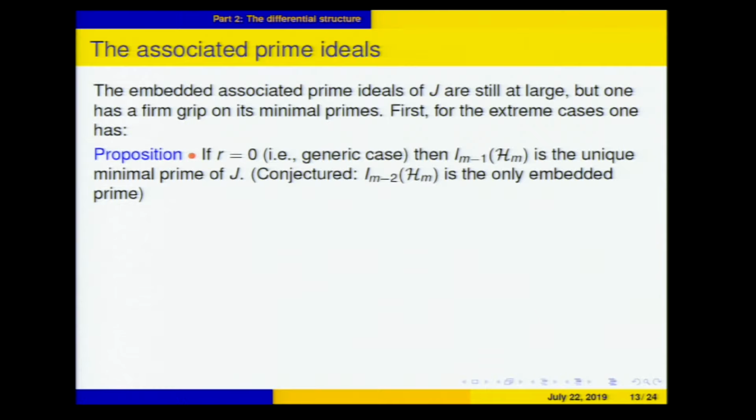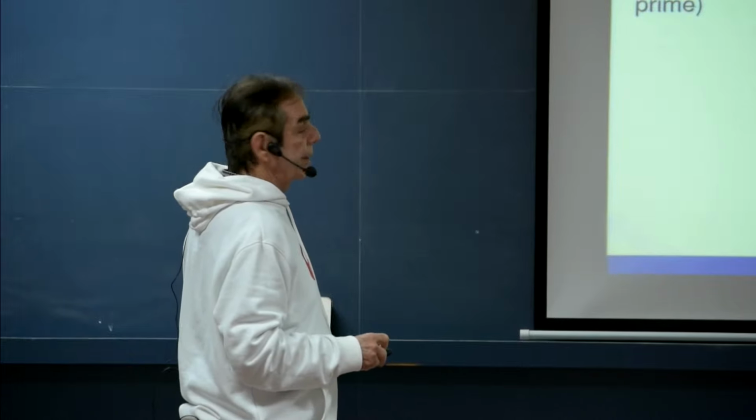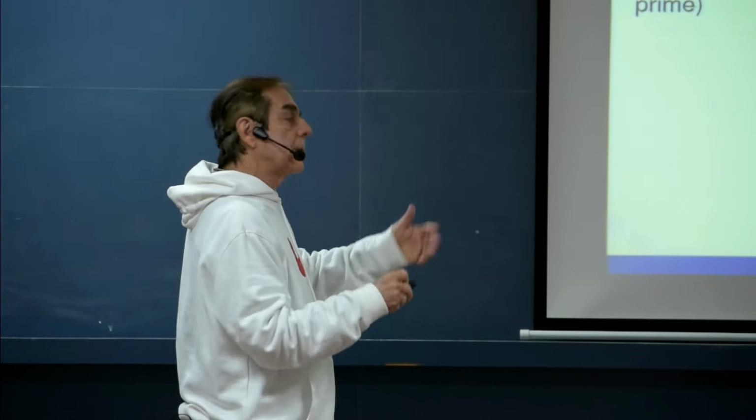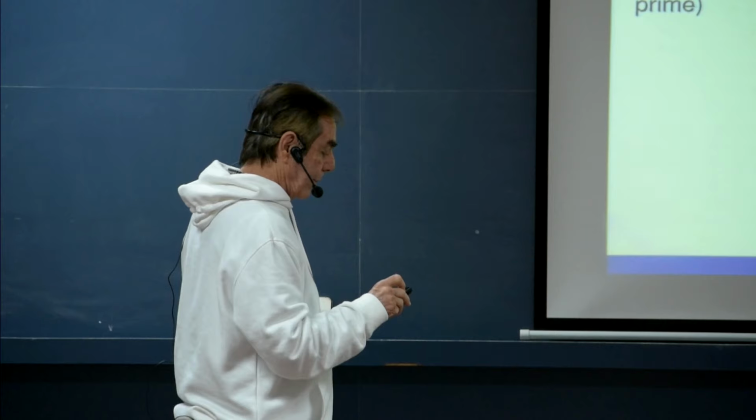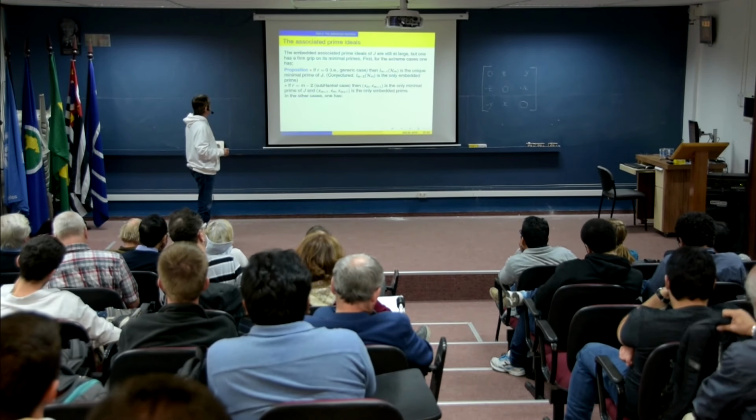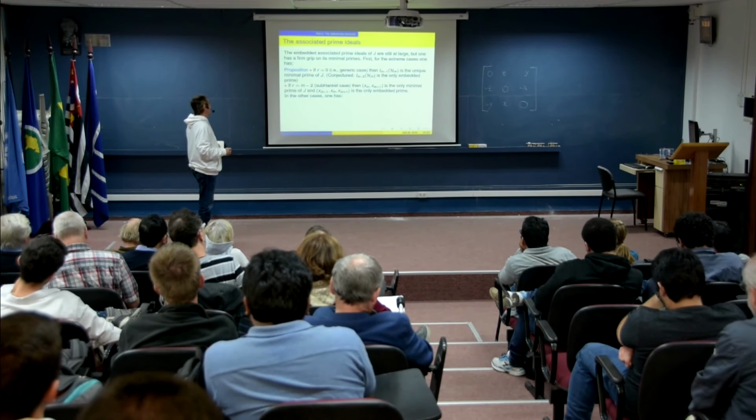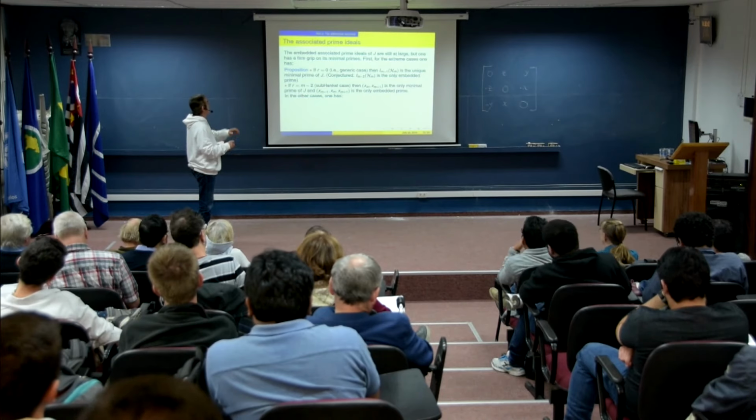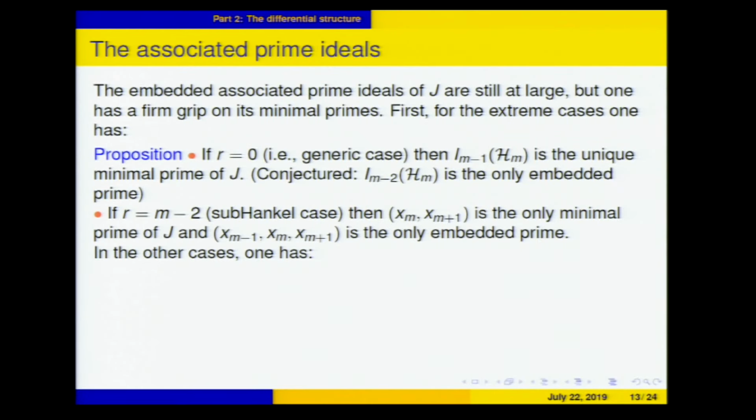So the conjecture is that if you go one step further, it's the only embedded prime. And again, you verify in so many cases, but no philosophical reason behind. Well, there is some reason behind. If you look at the generic case, these minors tend to be the singular locus, some stratification.